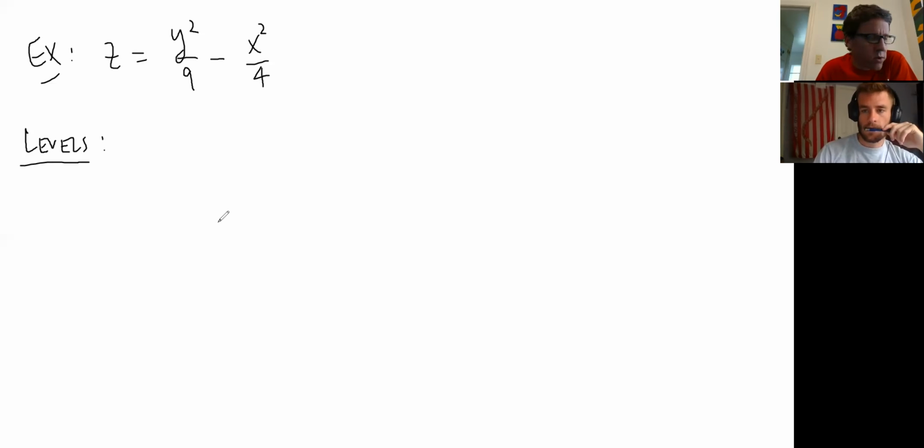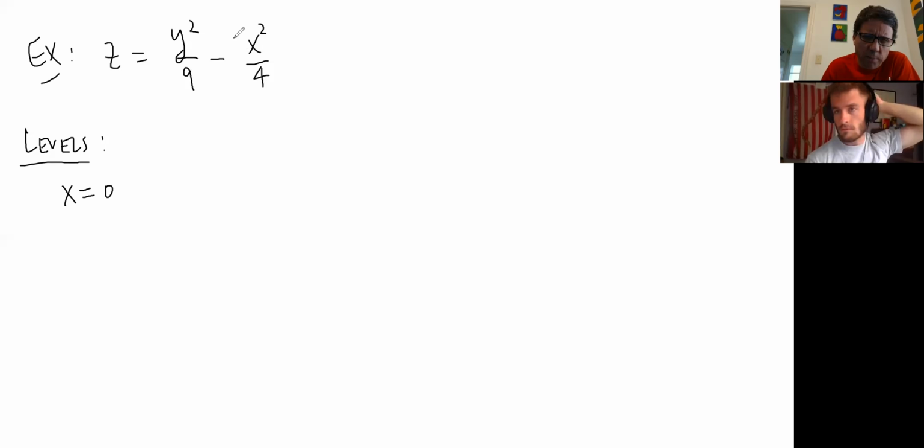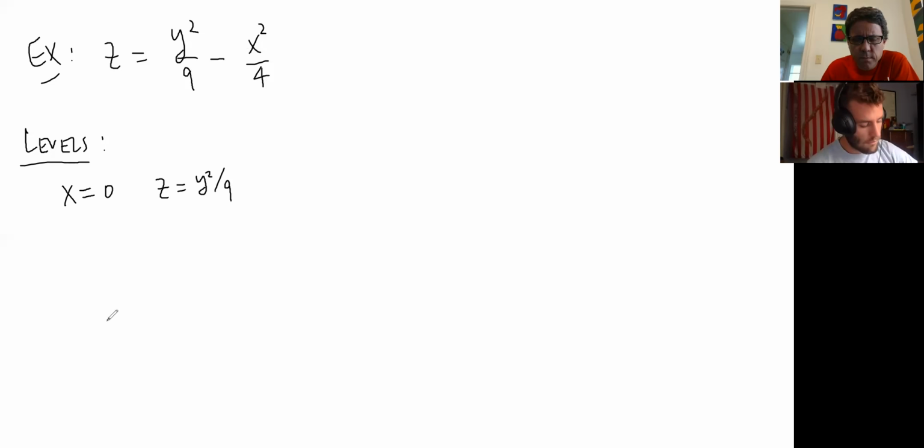How do we do the levels on this one? Well, let's see. If x is 0, sometimes I'm doing these out of order, but if that one drops out on the end, I get z equals y squared over 9. And that's a parabola. So that's one we've already had.